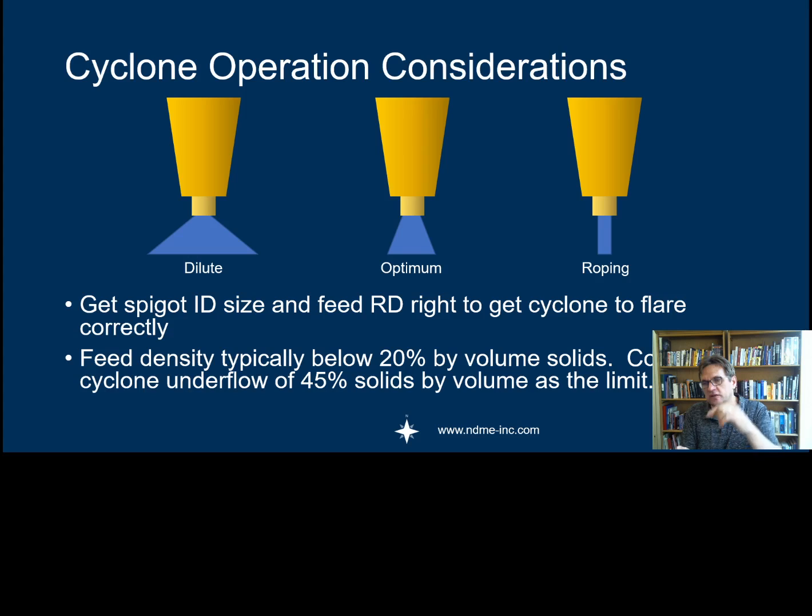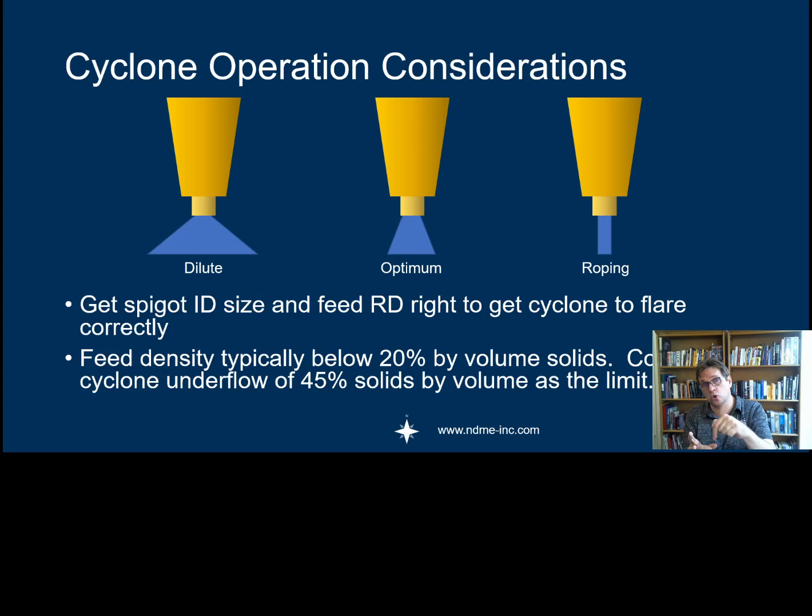But having said that, your cyclone underflow typically has a 45% solids by volume as its limit. Now you can go higher, but as a general trend, I would avoid up front going higher than 45% by volume in the spigot of a cyclone. There's been various pieces of work, and that's a pretty safe number to work at, but as you can imagine, you need to have extra water than the amount of water going out there.